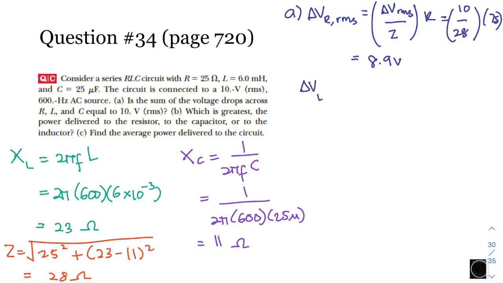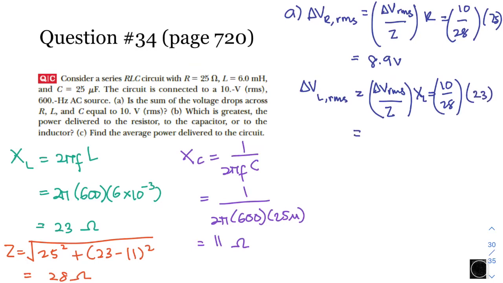For delta V L RMS, again we do delta V from the power supply over Z to calculate the I, then times the XL, which is 10 over 28 times the XL just now, 23, giving 8.2 volts.